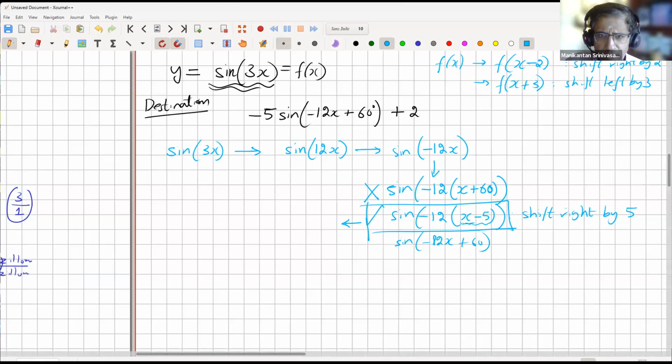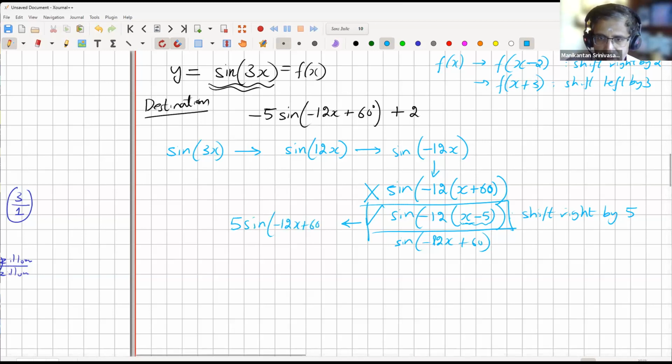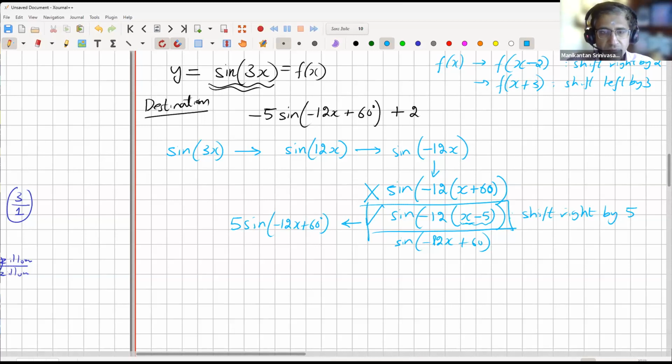Now what do I do to get 5 times sine of minus 12x plus 60? Can you answer this? It's by stretching vertically. Exactly. After computing the sine of that thing, outside of that sine function, you're pulling it up by 5.